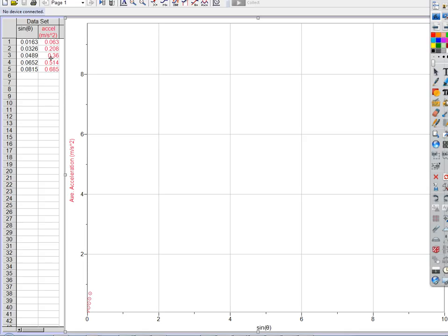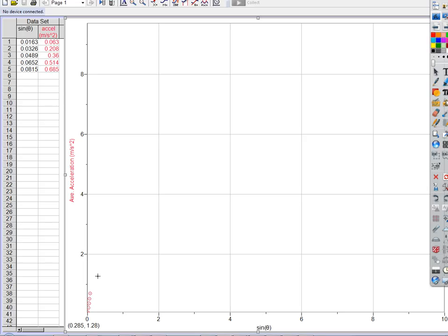And the accelerations, the average accelerations that you measured with the motion detector, right? You took three trials of each and averaged them. What we really want to do then is look at the acceleration as a function of sine theta, right?